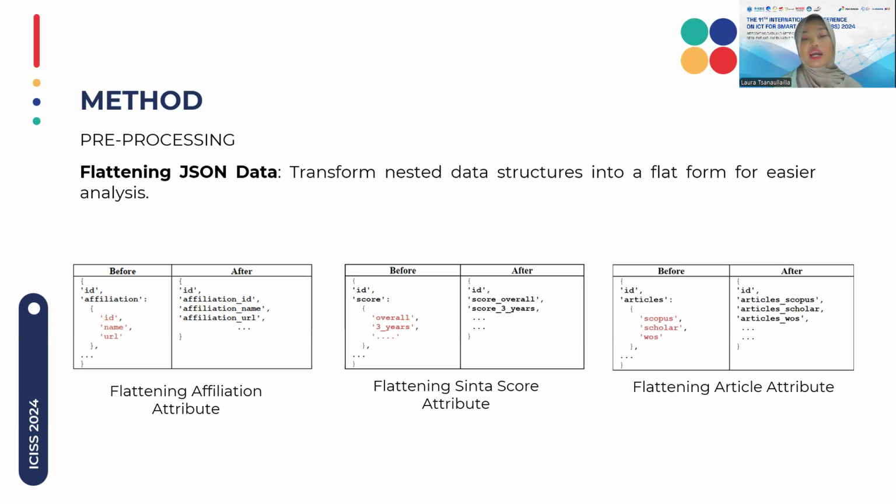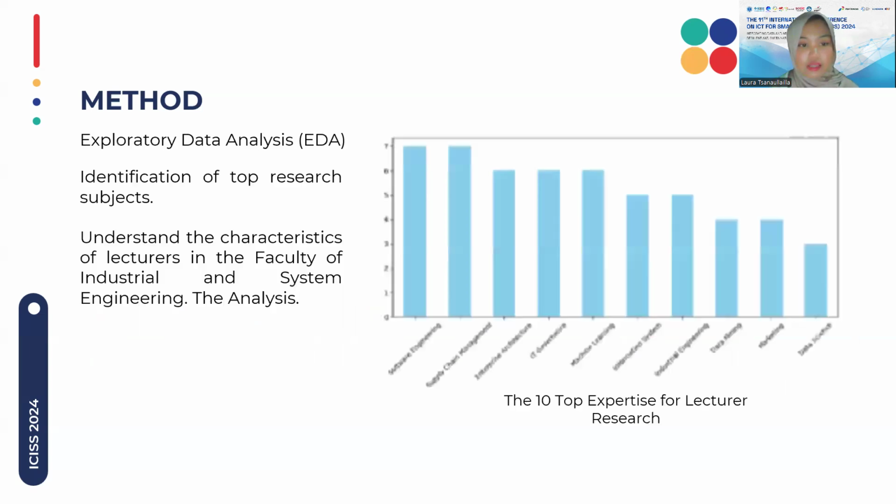Specific attributes like affiliation, Sinta score, and article data were flattened to facilitate analysis. We can see three tables: the affiliation attribute, Sinta score, and the article are flattened to make analysis easier.